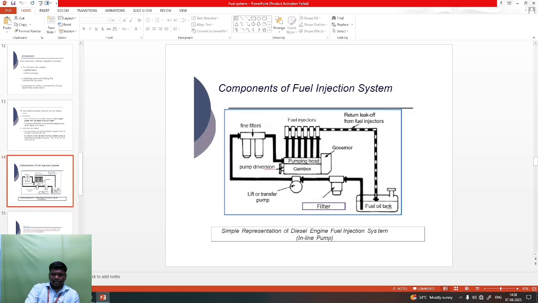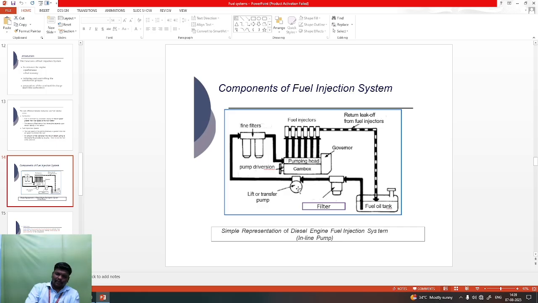Next we have seen the fuel injection systems. In the fuel injection system, you see the fuel oil tank, filters, transfer pump, fine filters, fuel injectors and the return line from the fuel injectors. From the fuel tank, the fuel goes through the filters. In the filter it is cleaned, and then it is transferred to the pump.